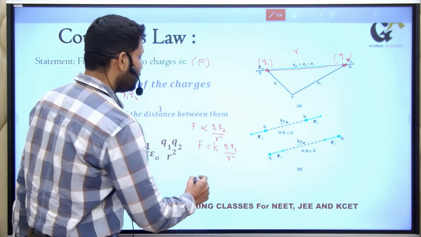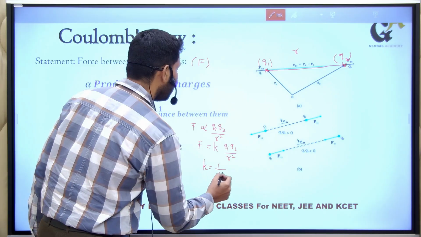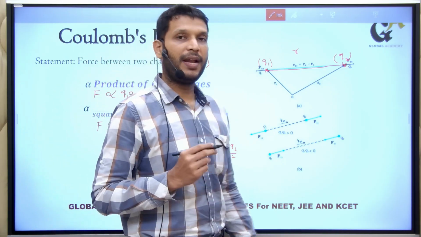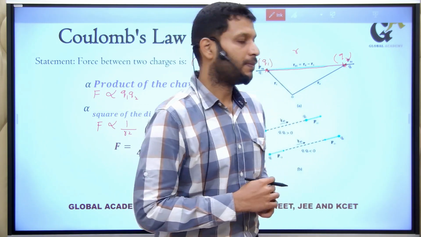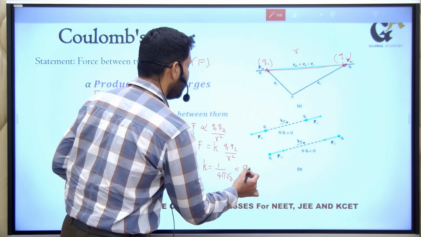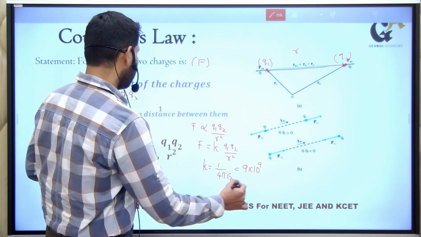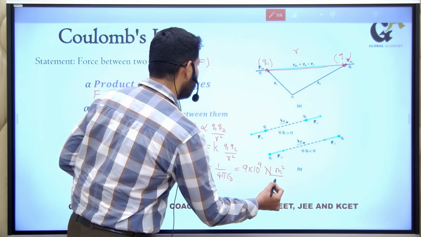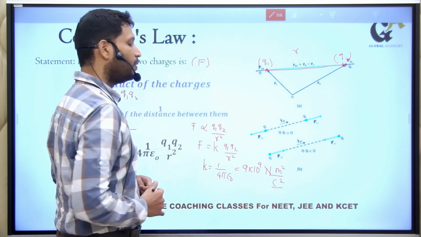Now this k is given by 1 divided by 4 pi epsilon naught, where epsilon naught is the absolute permittivity of free space, and the overall value is found to be 9 into 10 to the power 9 Newton meter square per coulomb square. So this is the SI unit of k.